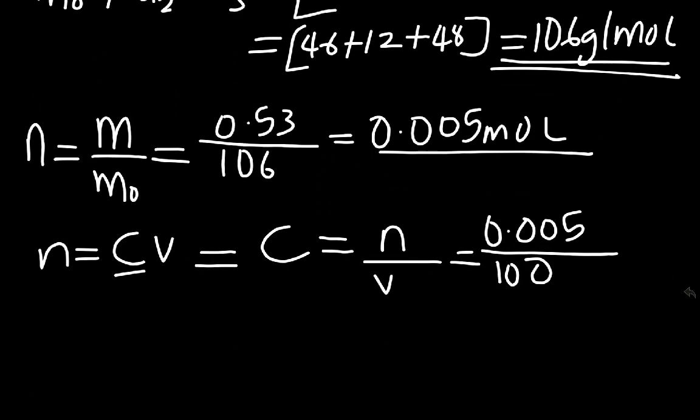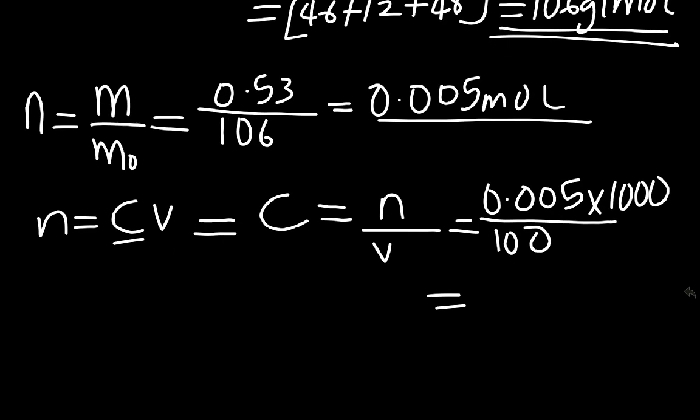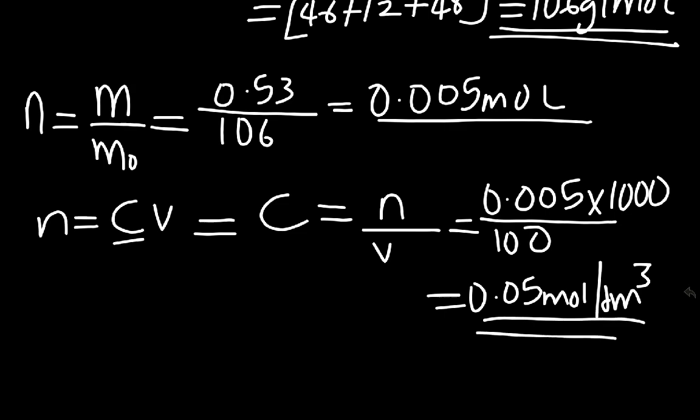That's where I got my 100 from. Since it's in cm³, I need to multiply by 1000 to arrive at dm³. If you punch this, we get 0.05 mole per dm³.